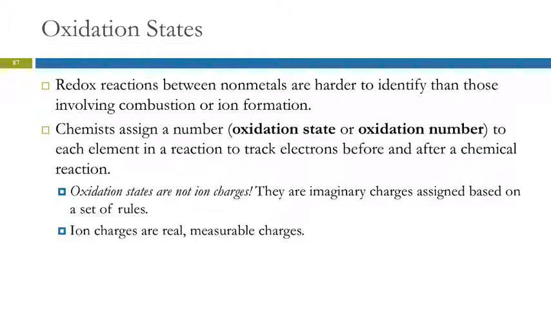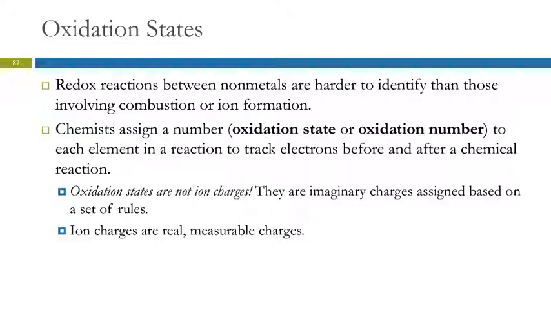And this is just a thing that was made up to keep track of where the electrons are going before and after a chemical reaction, so we can predict which thing is being oxidized and which is being reduced. So oxidation states are not ion charges. They're imaginary charges, and they're assigned based on a set of rules.